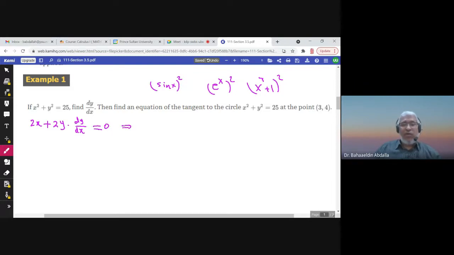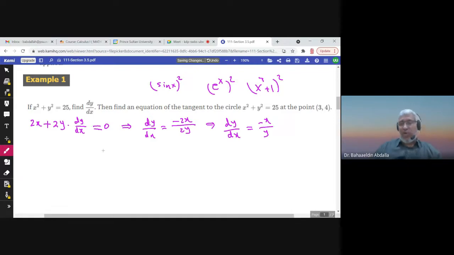Now you solve this equation for dy by dx. If you take 2x to the other side, it becomes negative 2x, and then you divide by 2y. So dy by dx is negative x over y.